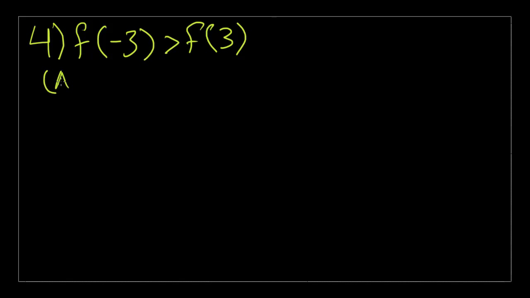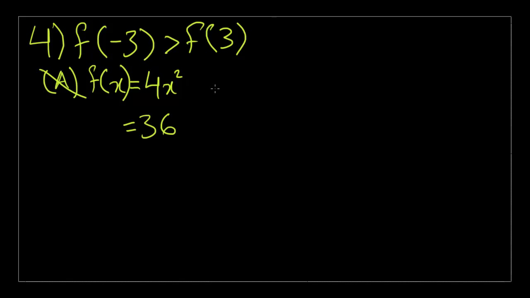So let's start with A, which is f of x is equal to 4x squared. If it's f of negative 3, then that's equal to 4 times negative 3 squared. Negative 3 squared is 9. 9 times 4 is 36. If we use 3, 3 squared is 9 times 4 is 36. So they're equal. That doesn't work. Okay, so that's crossed off.